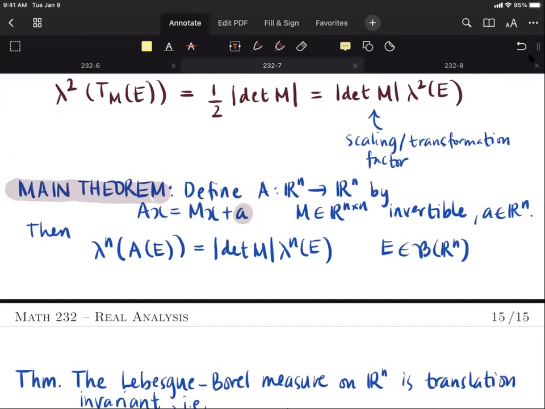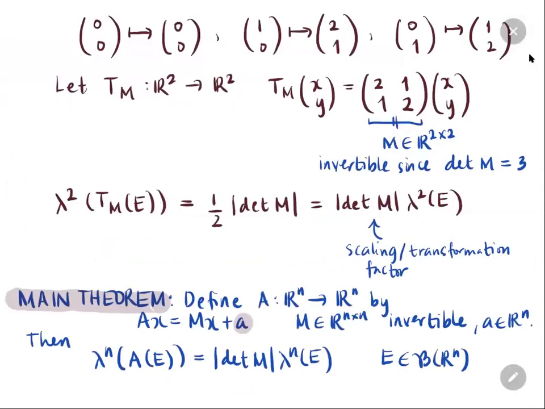If we want to take the Lebesgue measure of the transformed Borel set E, then this is the same as taking the Lebesgue measure of the Borel set E and then multiplied by this scaling or transformation factor. And that is the determinant of the matrix associated with the affine transformation. Again, the vector A has no effect due to the translation invariance of the Lebesgue-Borel measure.